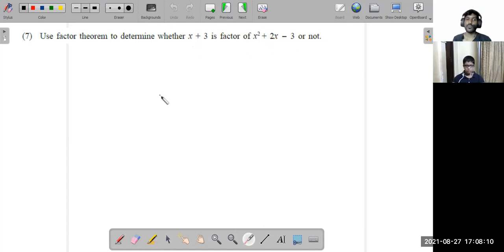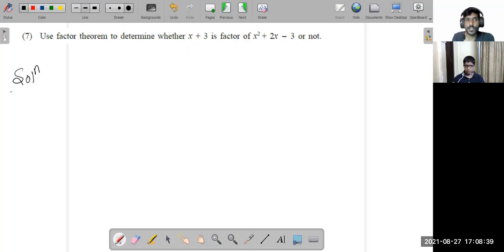Okay. Now, what you can do is either use the remainder theorem, or you can do synthetic division. Okay, so we will use the easier way.